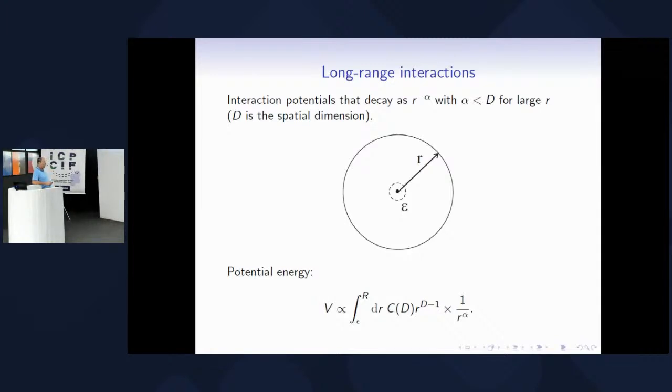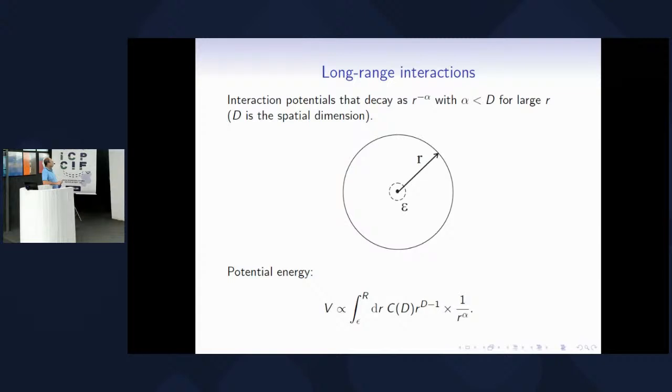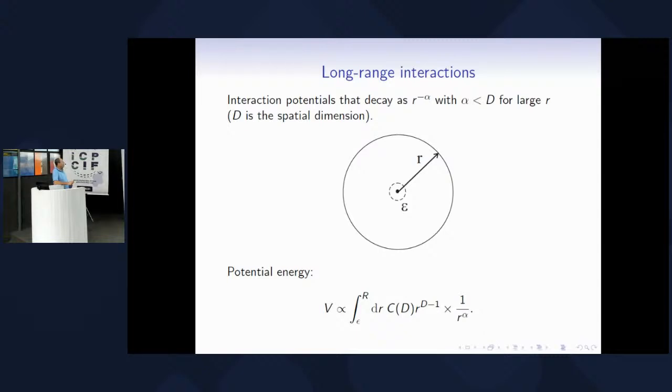Well, the first thing is then to define what I call a long-range interaction. It is essentially an interaction that for long distances decays as a power law, where the exponent of the power law is smaller than the dimension of your space.